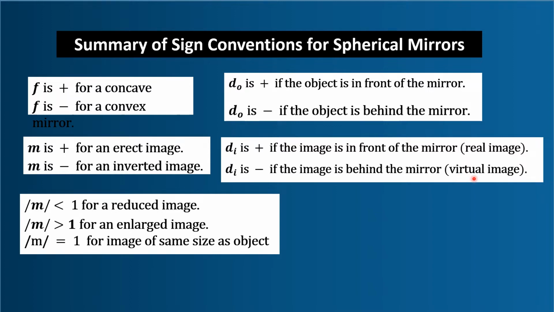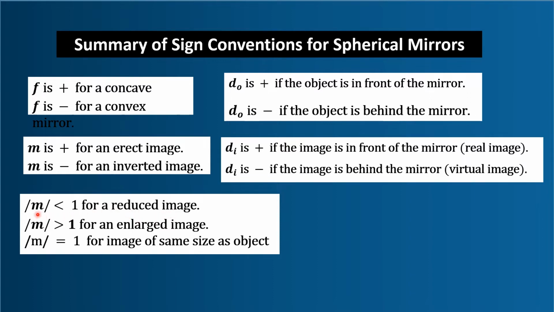Virtual means unreal. Now, for the magnification, small letter m, if the sign is positive, we can conclude that the image is erect or upright. But if m is negative, we say that the image is inverted, upside down. Now, how can we tell that the image is smaller in size compared to the object?